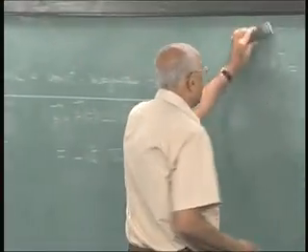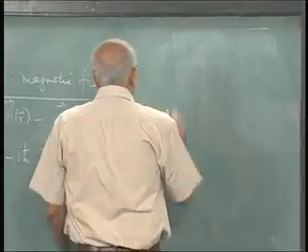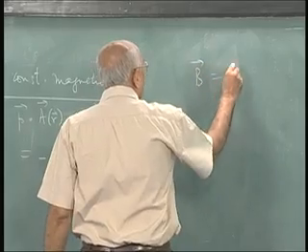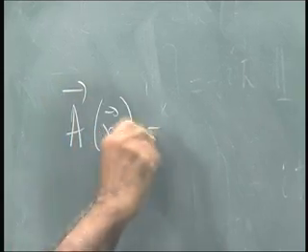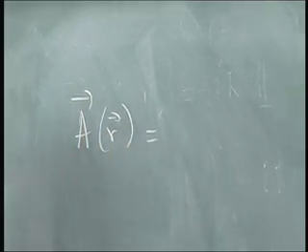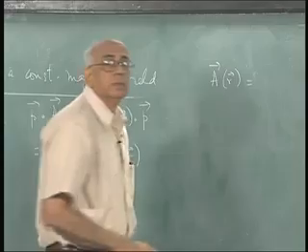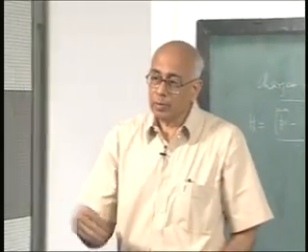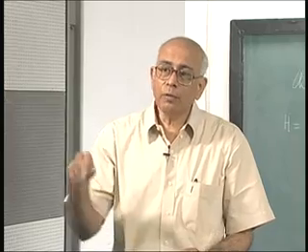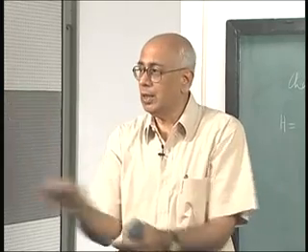Our problem is to put a constant magnetic field B, in some arbitrary direction. What is A of R for it? Not surprisingly, since the curl of A must be B, A must be a linear function of the coordinates, so that when you differentiate it you get a constant.